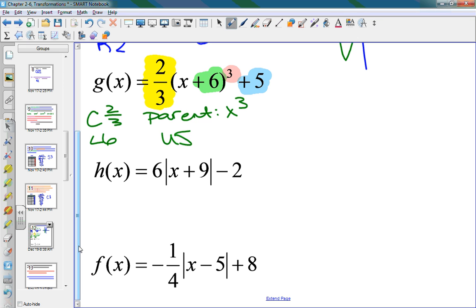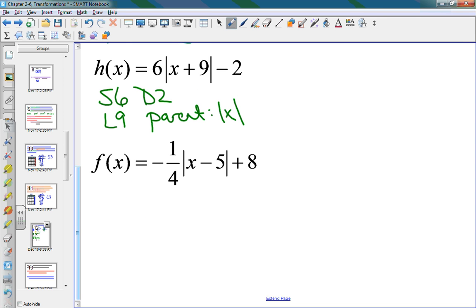Okay, what happens with the 6? The 9? The negative 2? And what's the parent function? Good job. Do the next one. And you should be able to do every single thing, and that includes the negative.